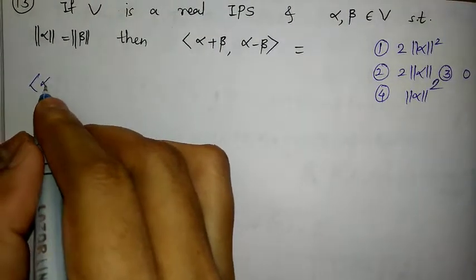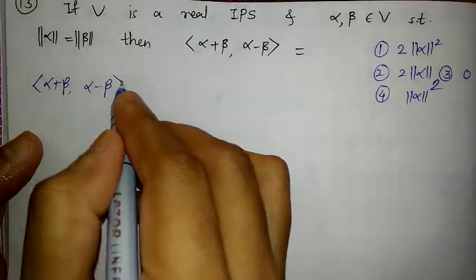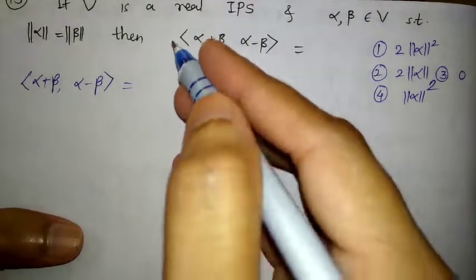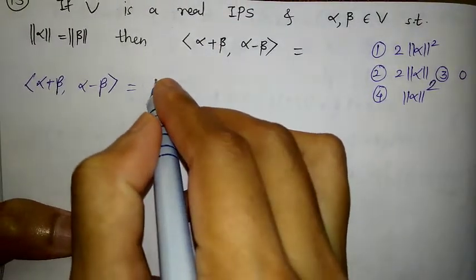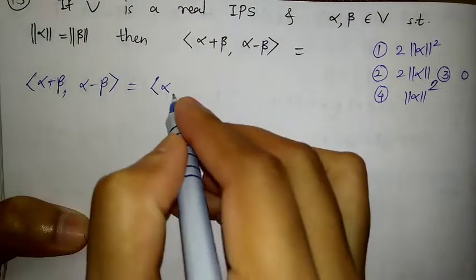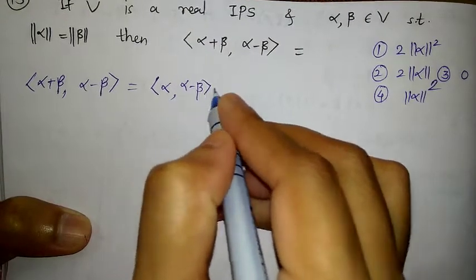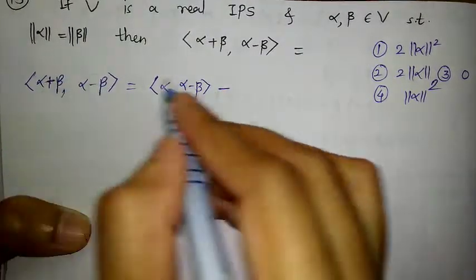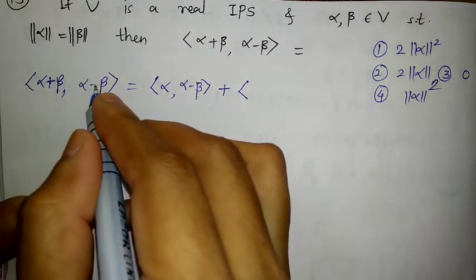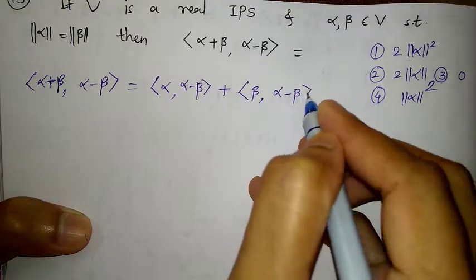So inner product of alpha plus beta comma alpha minus beta is equal to, so use the properties of inner product. Take this vector, take its inner product with the second vector, so it is alpha minus beta, then here the sign is plus, so write plus, then take inner product of this vector with alpha minus beta.